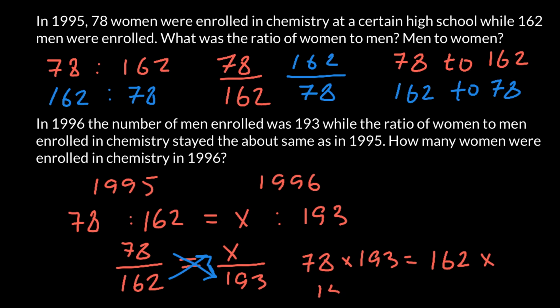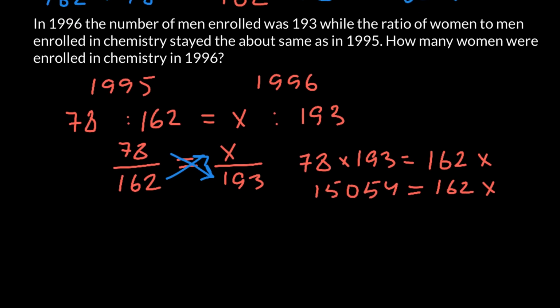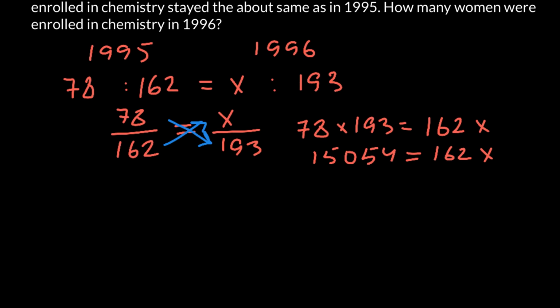So 15,054 would equal 162x. And now let's solve for x. So we have to divide 15,054 by 162, and this would equal x.